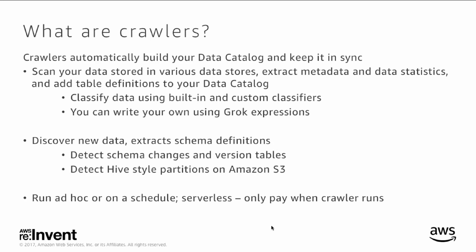I know how I'm going to parse this. Here's a regular expression pattern that allows us to parse this and extract column information and type information and be able to create a table out of that unstructured data. Once the data is extracted, we then put it into the data catalog, make it available for all the other tools to consume.